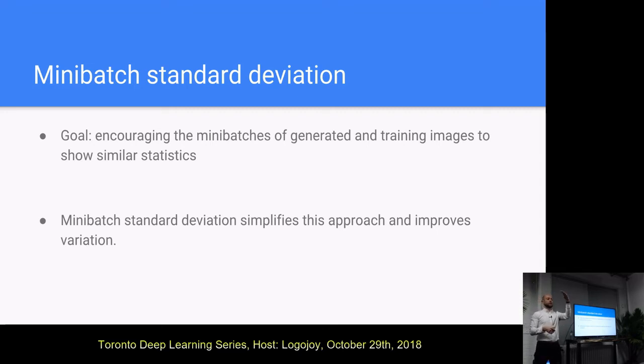Then you compute the standard deviation over each of these groups, and you take the average of it, and then you tile that across the groups and across the pixels, and then add that onto the mini-batch. They like mini-batch standard deviation because they find it a lot simpler, and it achieves the same goal of forcing the generator to create generated images that have similar standard deviation to the real data.